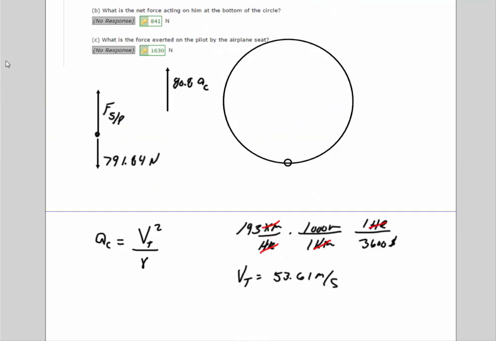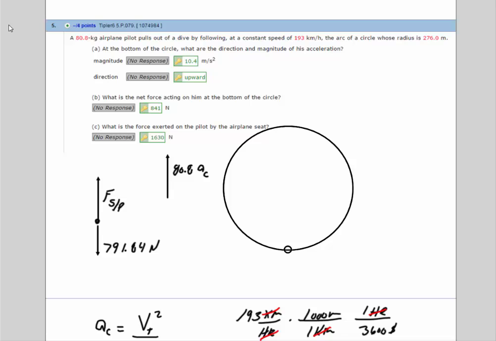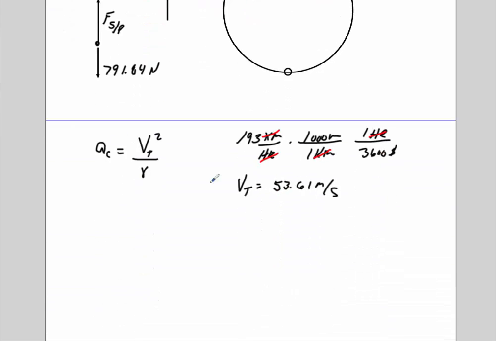Alright, and then let's see what our radius was. Our radius was 276. So all you have to do in this one is the summation of forces in the y direction, and set that equal to mass times centripetal acceleration.